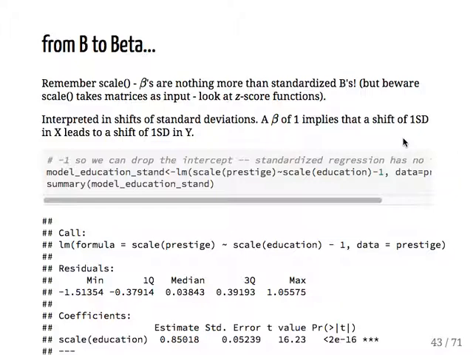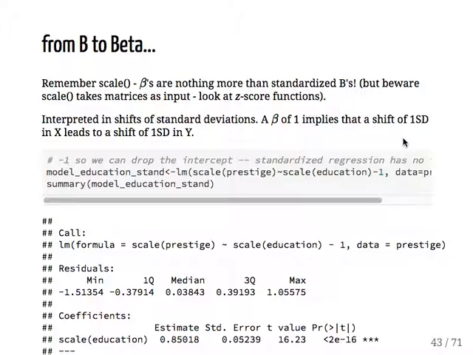Yeah. So the way we do this is I've been lazy here. Rather than making a new variable, I've done it within this type of formula. But you could, again, make your own standardized scores and then put them in here. But you can also call scale directly and say, scale this variable, scale that variable. The key point here is that you have to drop the intercept, because you remember, there is no intercept if you do the standardization model.